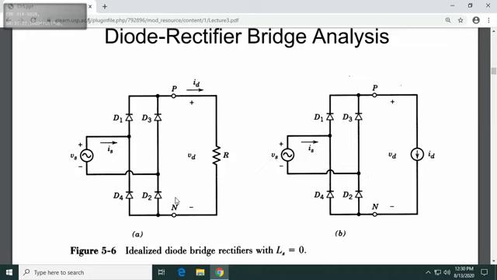So let me also draw this. The reason for doing the full bridge rectifier in your lab session was for you to have a clear understanding of the structure before we go into the depth of how it works.